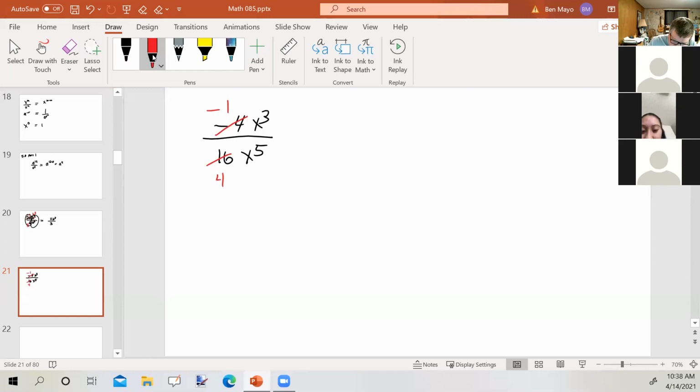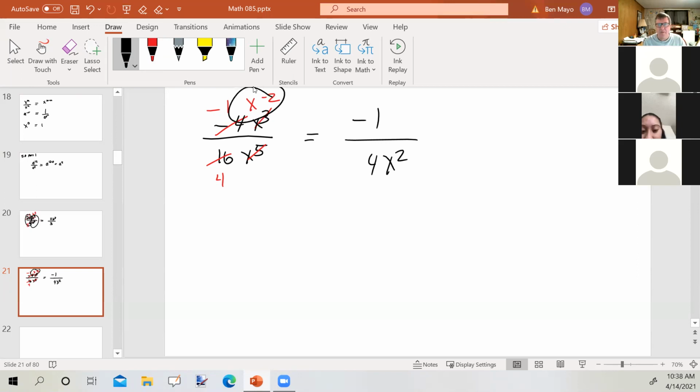I could reduce x to the 3rd over x to the 5th to x to the 3 minus 5, or negative 2 power. But then we would take this and move it downstairs and make it positive. So our final answer would be negative 1 over 4x squared. This becomes negative 1 on top. This becomes x squared in the denominator.